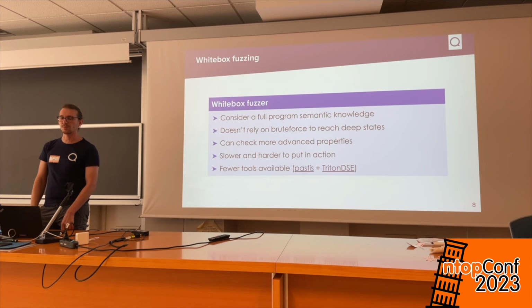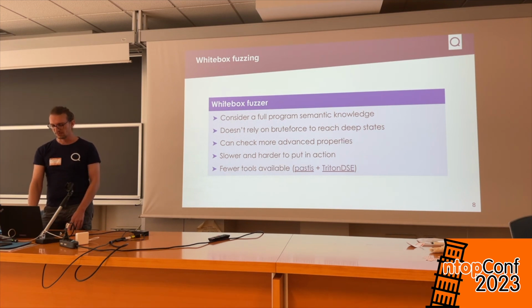The problem is that it's very hard to implement, because it's very hard to retrieve the semantics of an instruction, and the semantics of a program is even harder, and even when you do, it's very slow, because you usually have to symbolically execute the software. It's very hard and very slow. And there are not a lot of tools that help you with that. One of them is Fuzzing, that is a collaborative fuzzing engine with a Triton DSE that is a dynamic symbolic executor.